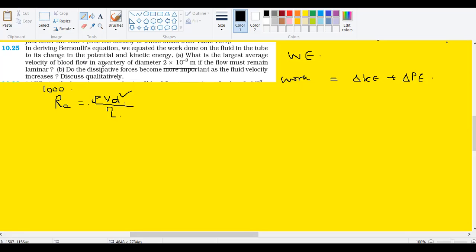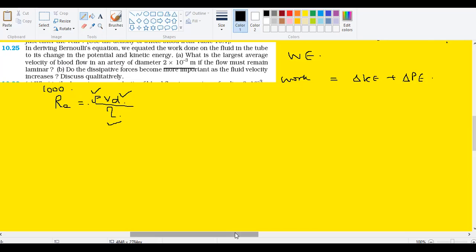They said velocity of blood flow in an artery, which means the density of blood, you can take it from the table in your textbook. Viscosity of blood should also be given. Which means all these things, you have to find.